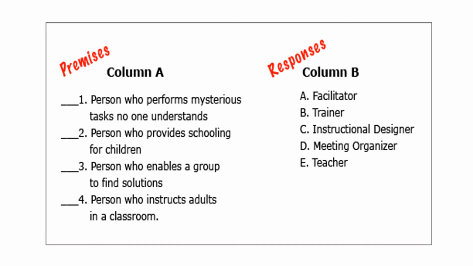We use letters: A, B, C, D, and E. This is again easier for the students, so they are going to write which letter matches which number in column A. Using numbers for both would be confusing for both the students and the teacher.